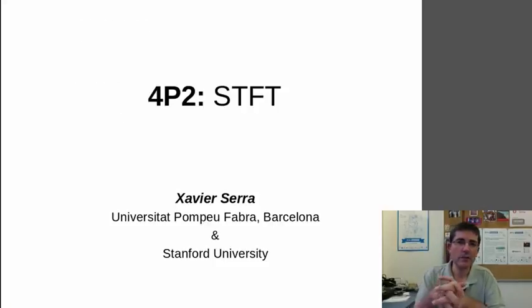With this programming class, hopefully you have gotten an idea of how to implement the STFT and how we can use the functions of the SMS tools to adapt it to our own particular needs. Please feel free to play around with that and make sure that you understand the STFT also from this programming perspective. And that's all. Thank you very much.